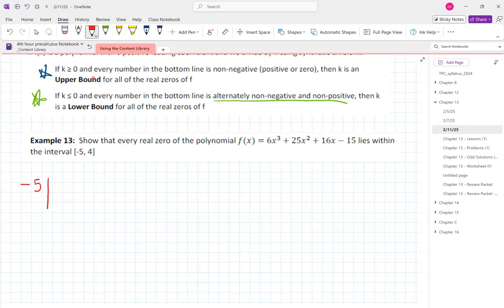So I'm going to start with the lower bound on that interval. I'm going to just do my synthetic division.